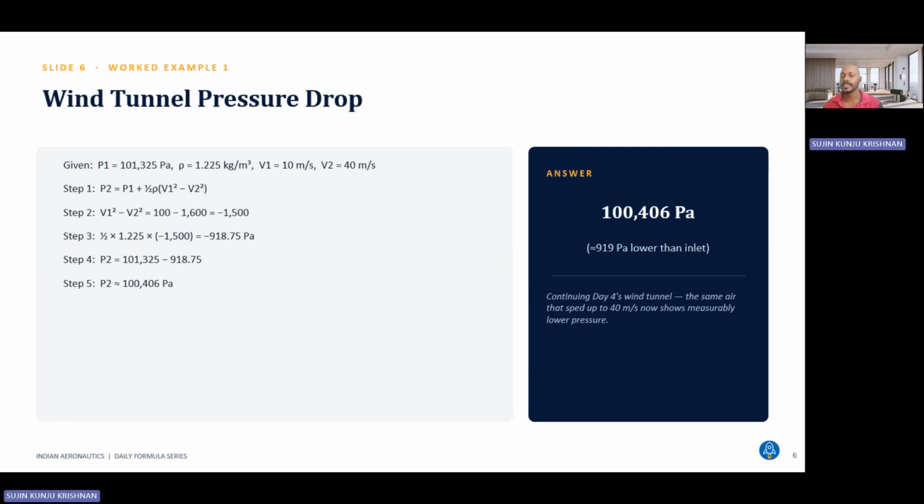Assume sea level air density, 1.225 kilograms per cubic meter, and atmospheric inlet pressure, 101,325 pascals. Find the pressure in the test section.